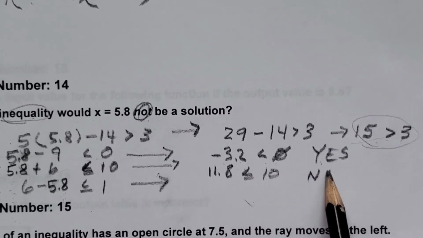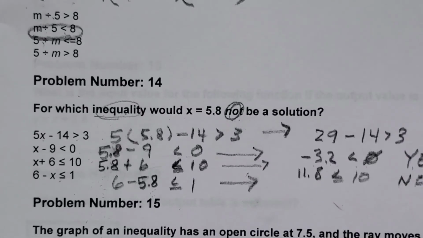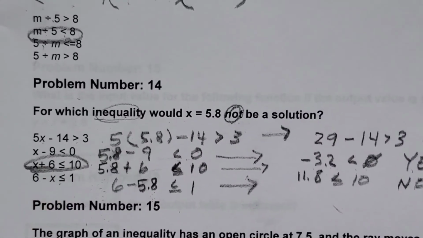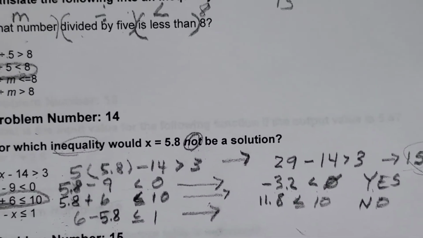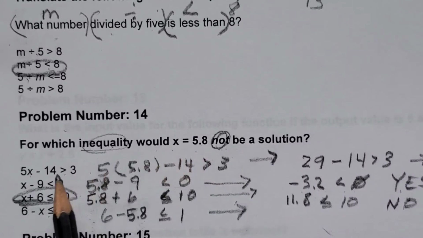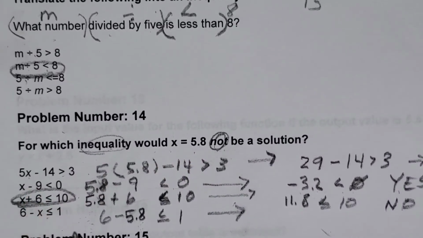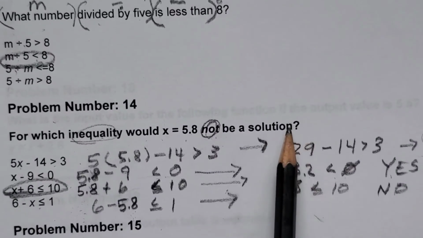No. So we found the one that is not a solution. This one right here. So you have to take the number that they give you for the variable, substitute it in each equation, and solve to see which one answers this question.